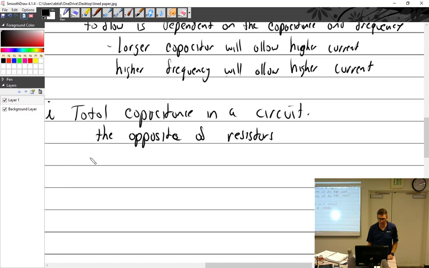So in parallel, the total capacitance equals capacitance of 1 plus capacitance of 2 plus capacitance of 3, on and on and on.